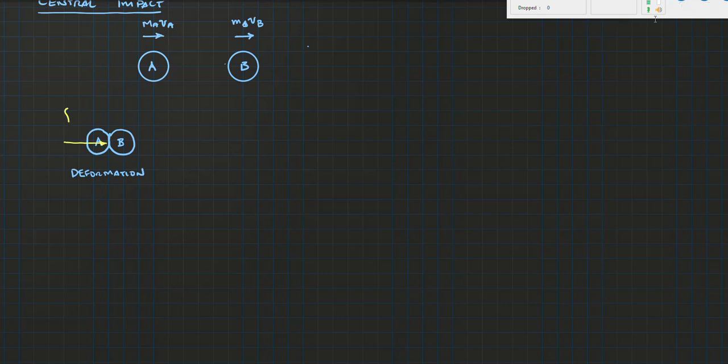This results in a deformation impulse. Let's say that this is our positive direction here for our little situation that's occurring, and at the point of contact, we have then a minus deformation impulse here, and these two cancel out as deformation begins to occur.